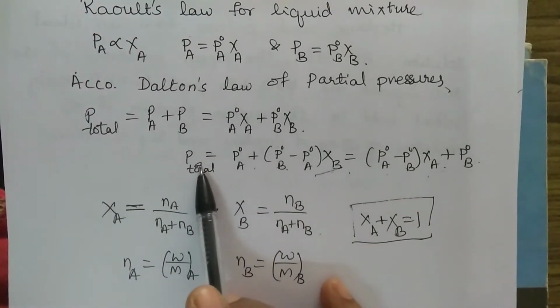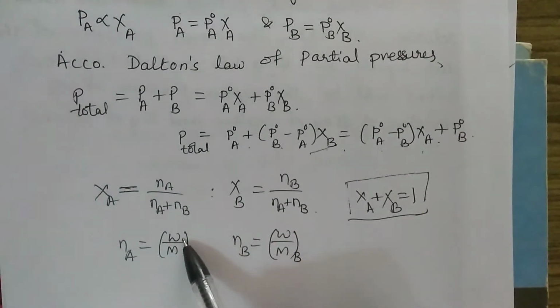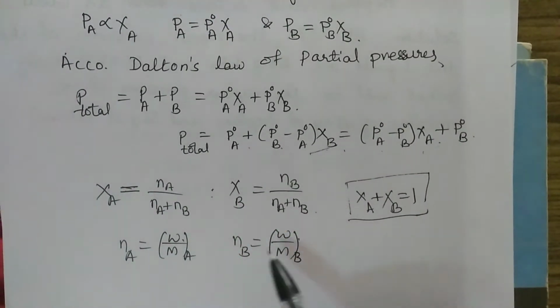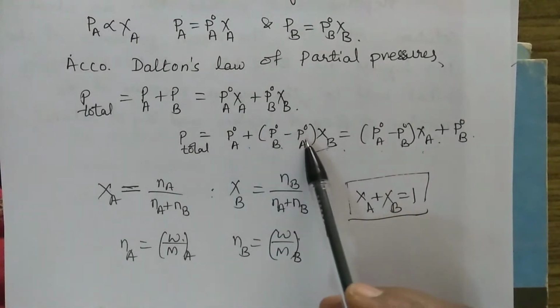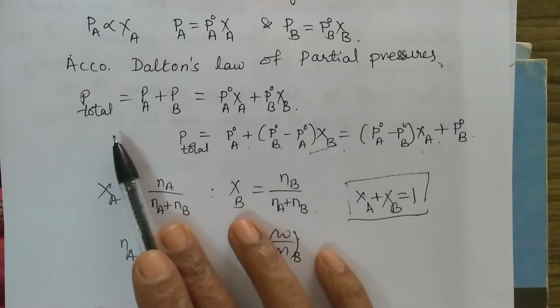But in the problems, they will give the mass of the components and the names of the components. They will give the vapor pressures in their pure form, and we have to calculate the total pressure.